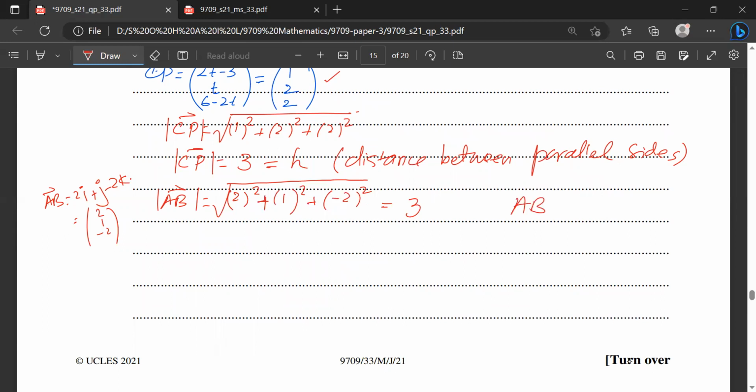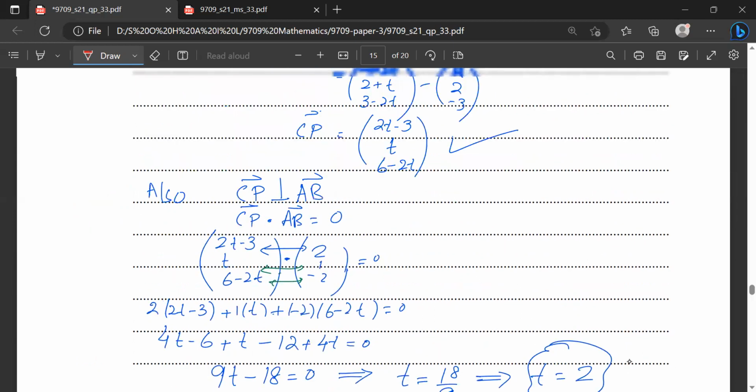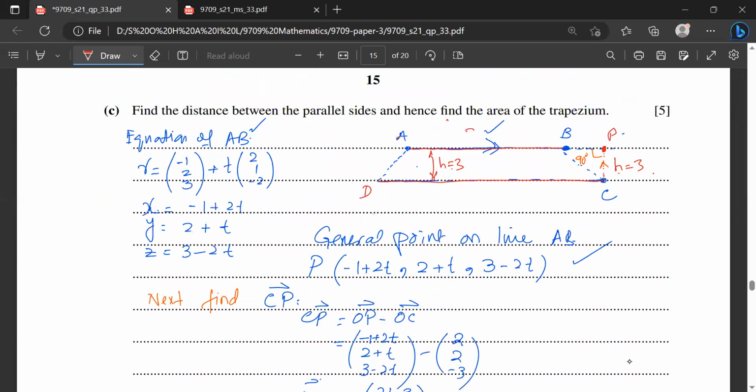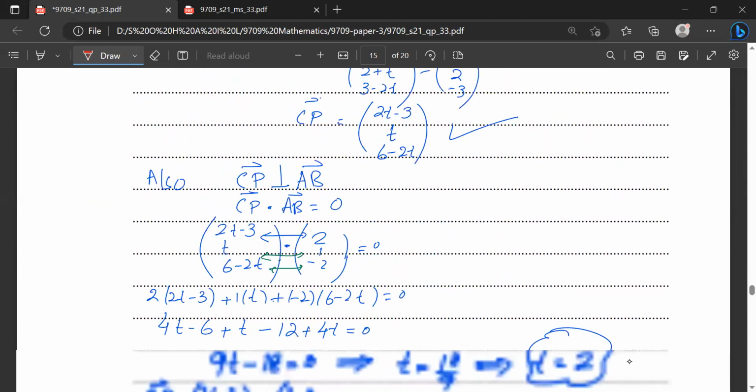So AB length is 3, and as DC is 3 times AB, I can say that the DC length is 3 times 3, which equals 9. So this length is 3, and this was 3 times that.